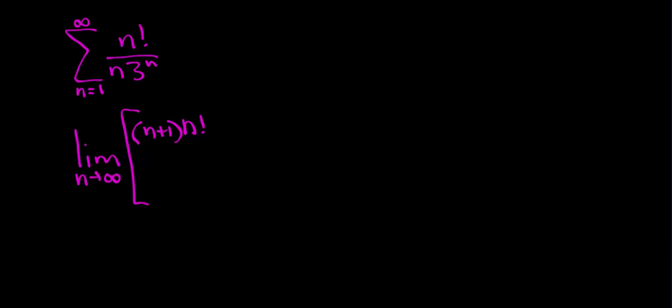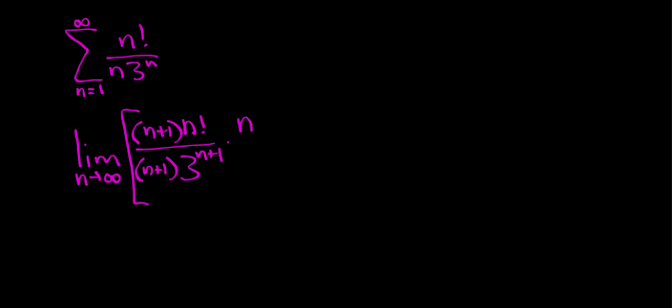And down here, I've got 3 to the n plus 1. So right there, that's a sub n plus 1. Really, the only thing different I did was write n plus 1 factorial as n plus 1 times n factorial.